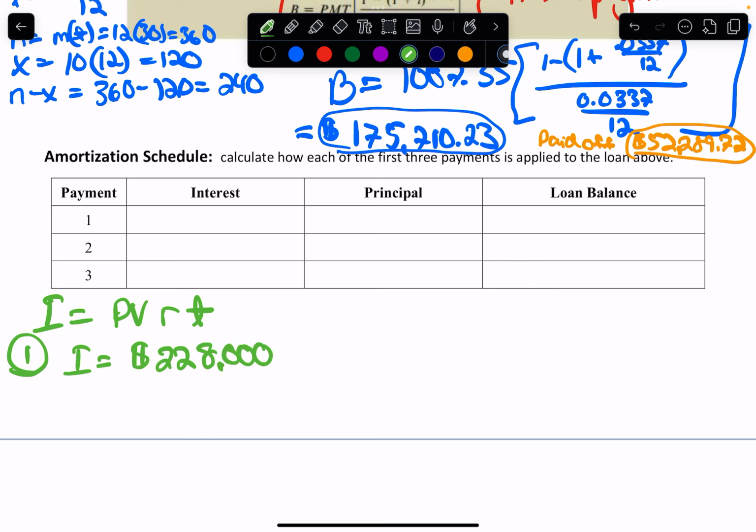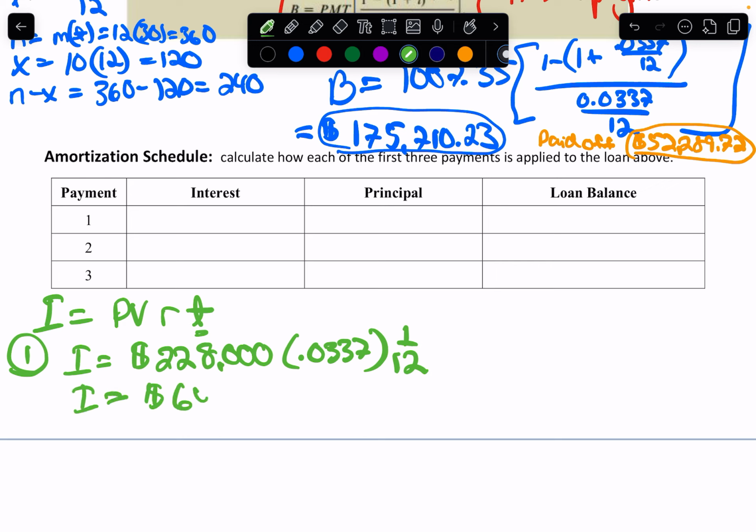That's what we started with. Our rate is 0.0337, and the time is monthly, so 1/12. This is going to be $640.30. So that is our first interest here.